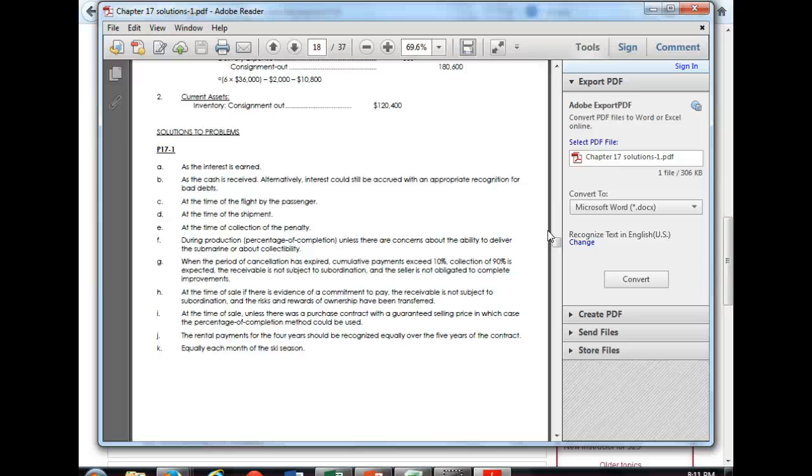Okay? Did we have problem 17.3? No. Which problem was the next one? 17.6. We're going to do 17.6 only the percentage of completion method. We're not going to do the completed contract method.